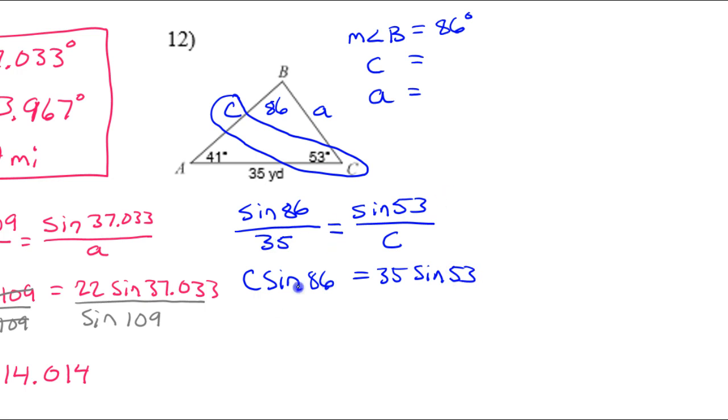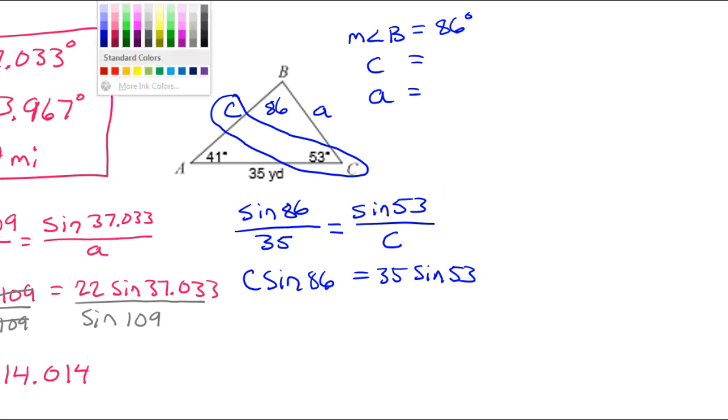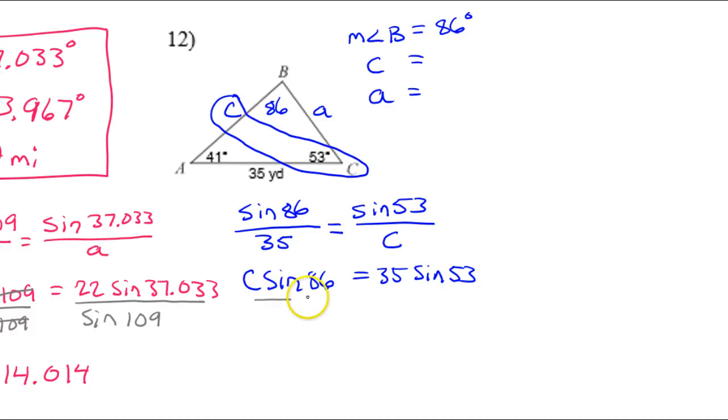Then dividing both sides by sine 86, these will cross each other out, and this is going to give me side C. I'm just going to put this in my calculator off camera. So that gave me that C is 28.020 yards.